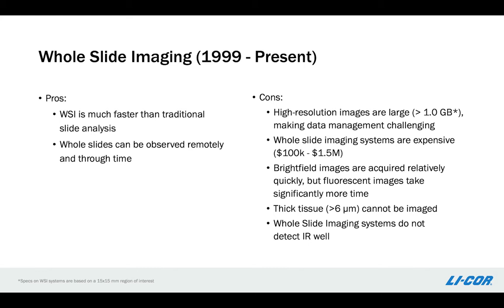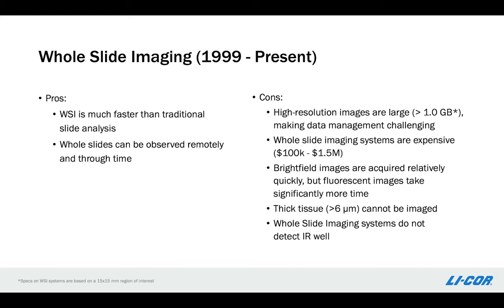These systems are also limited in their ability to assess thicker tissue sections, which translates into the need for imaging more slides. And finally, with the increased demand for multiplexing, whole slide imaging systems generally are not set up for optimal detection in the infrared wavelengths.